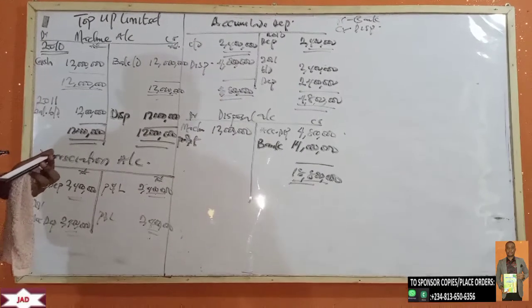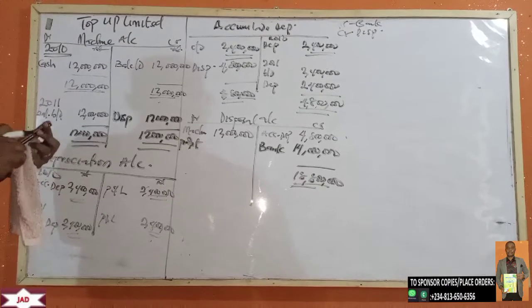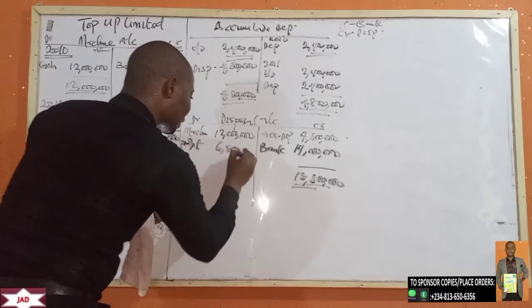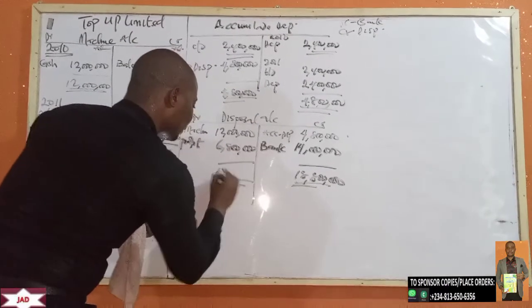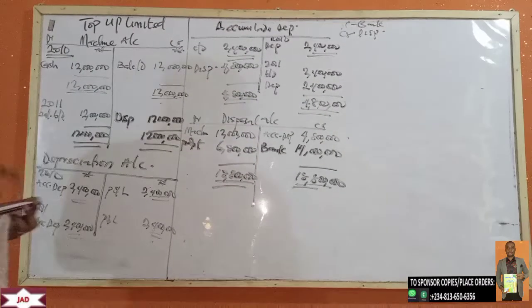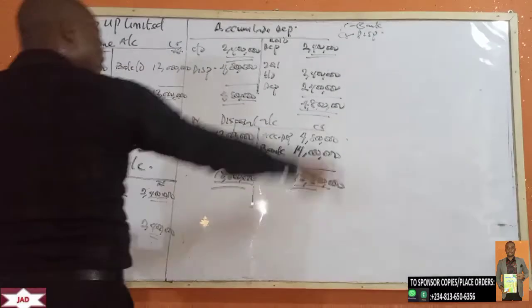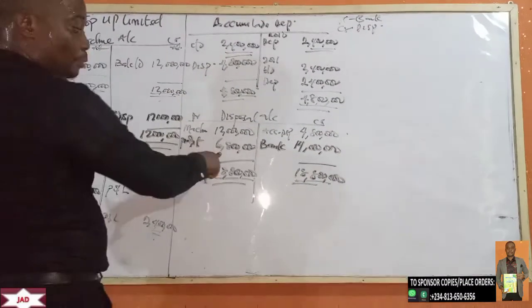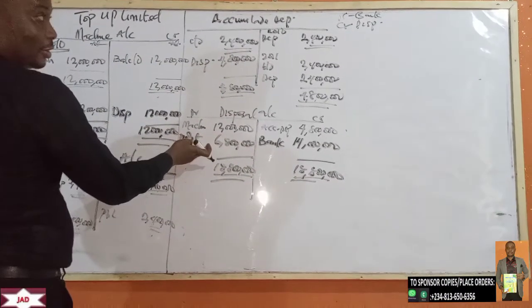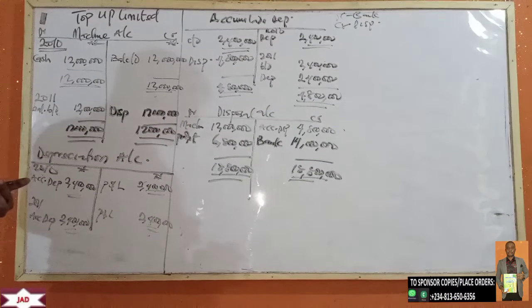So what's the difference? Minus 12, 1, 2, 3, 4, 5, 6. I have 6,800,000. So from the accountant's perspective, the disposal on this asset has a profit of 6,800,000. So this will go to profit and loss, okay? As an income for the year.